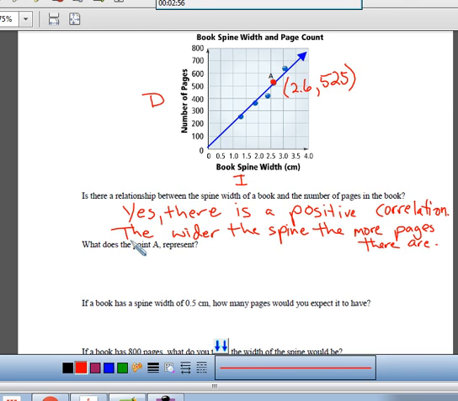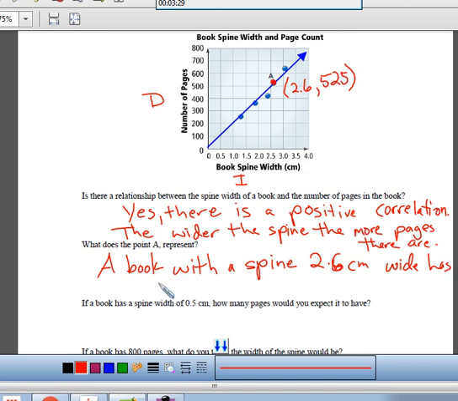What that means is a book with a spine 2.6 centimeters wide has 525 pages.